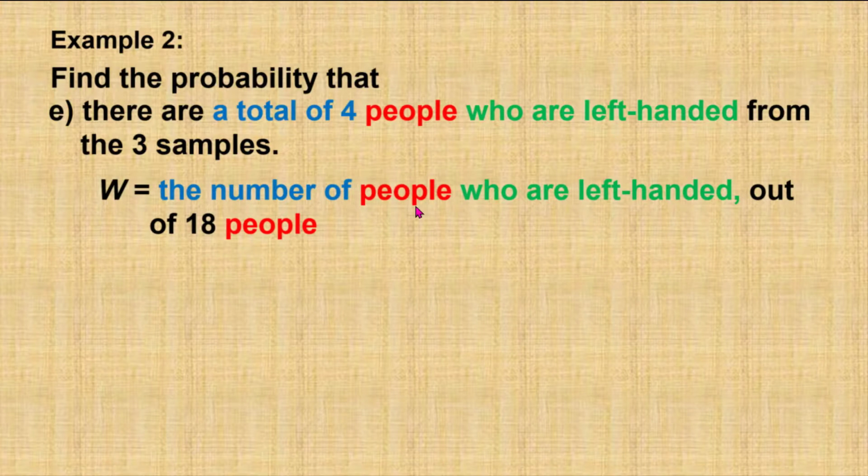The success criteria is the people who are left-handed. This number of people come from the 3 samples. Since the observations in this question is people, so we are going to change the 3 samples becomes 18 people, which is the total observation.